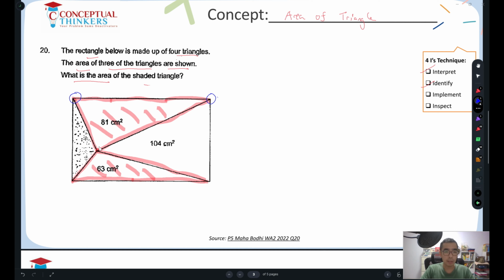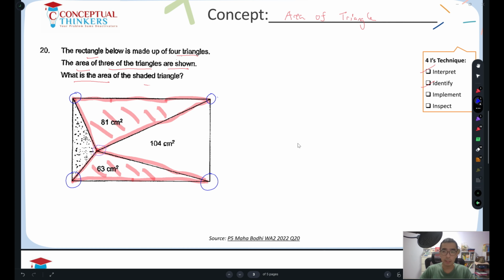Now this is left with the third point here. So let me just circle. This third point will be somewhere inside the rectangle. Now if you look at the bottom triangle, same thing, the 2 corners of the base of the triangle will also meet at the 2 corners of the rectangle.